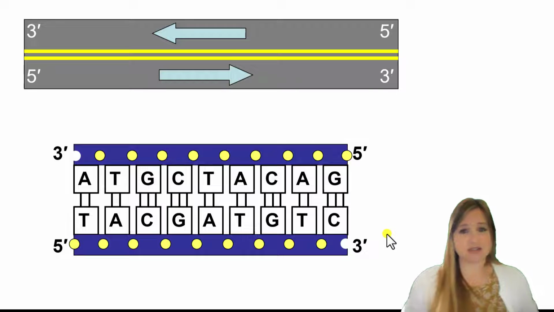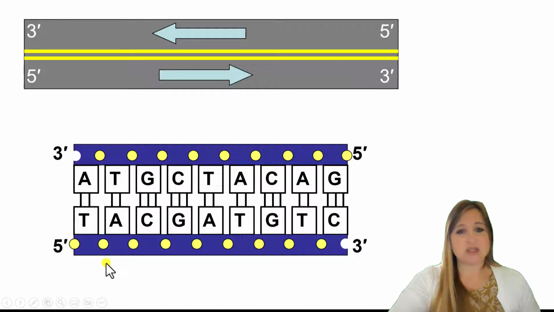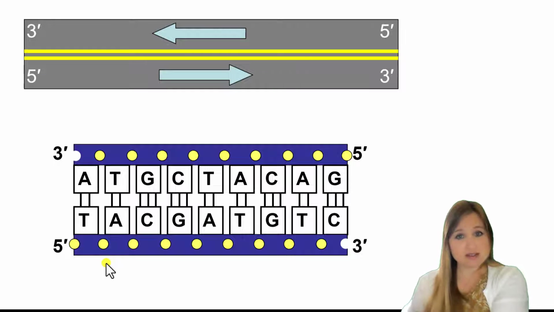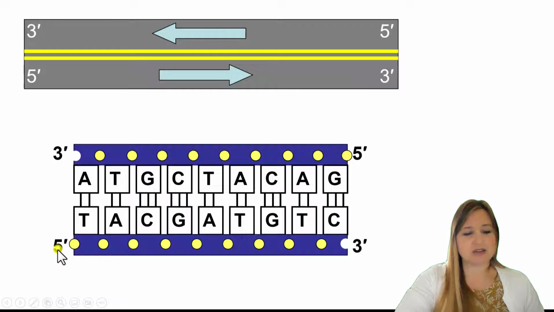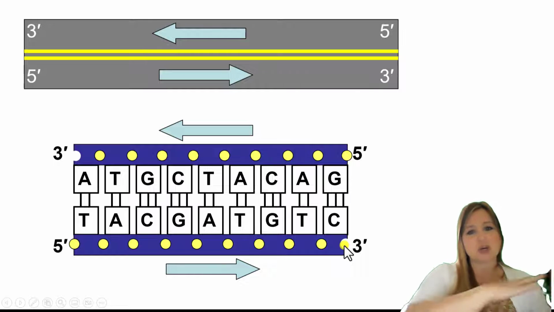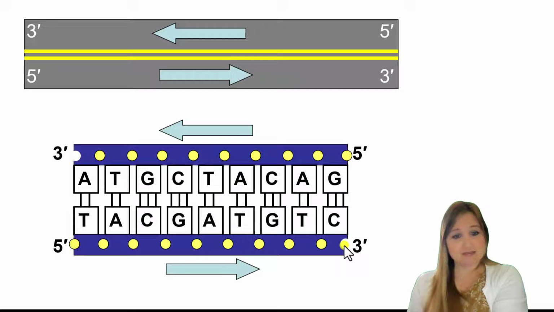Okay, so how do we answer this? We look at this and we say, okay, we know the forward direction is 5' to 3' always. So in this case, 5' is on the left, 3' is on the right, so that means that it's going from left to right.